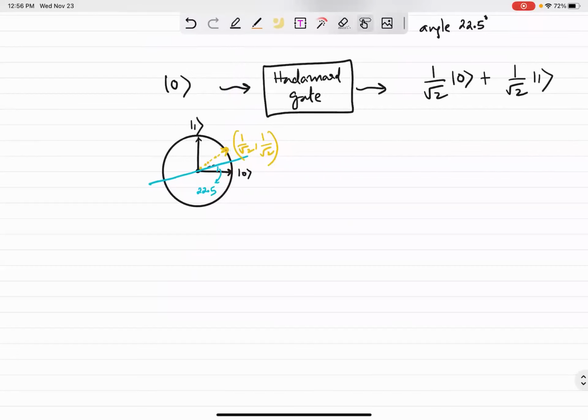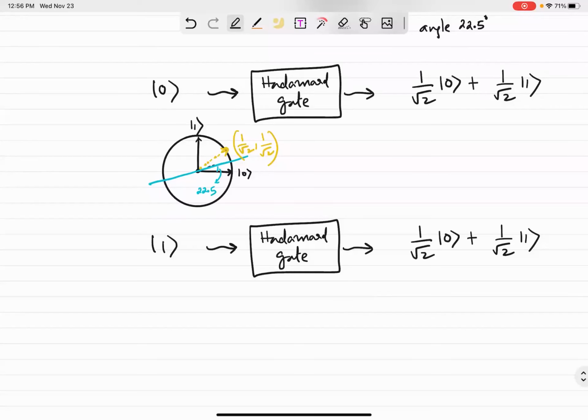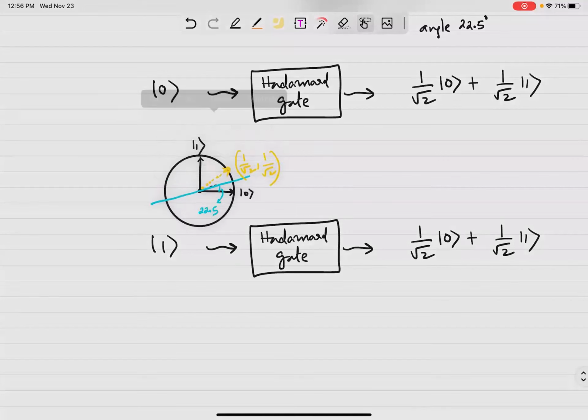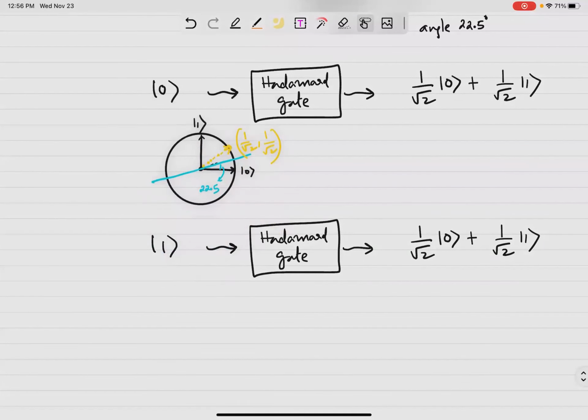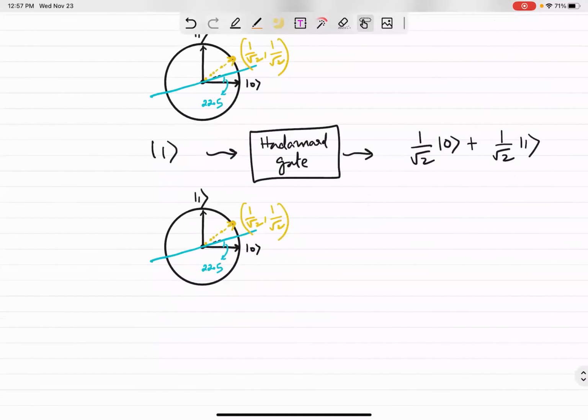And if I pass in 1, what do you get? Okay, so if I reflect 1, I get back this point, which is 1 over square root 2, minus 1 over square root 2.